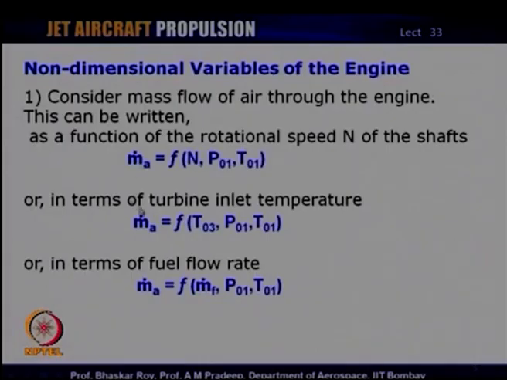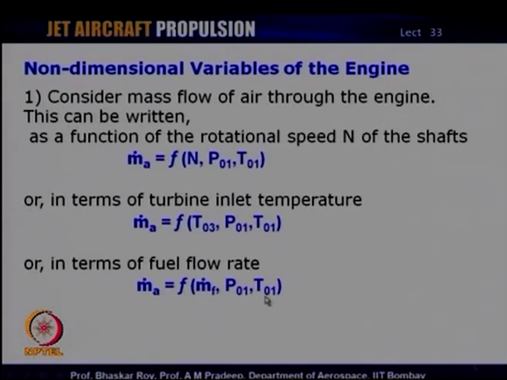The mass flow can also be written in terms of the turbine inlet temperature. That means, they can be written in terms of T03, P01 and T01, or they can be written in terms of the fuel flow rate, that is a function of m dot F, P01 and T01.